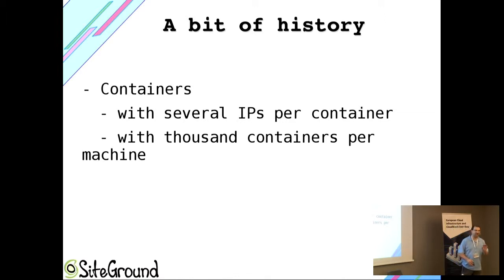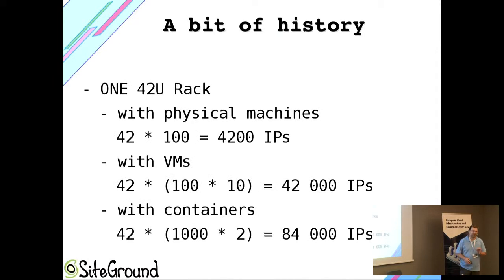And here I have some numbers that we have to remember. So if we have a 42 unit rack, we have 42 physical machines. With physical machines, maybe if we have 100 IPs per machine, we have 4,200 IPs for the rack.